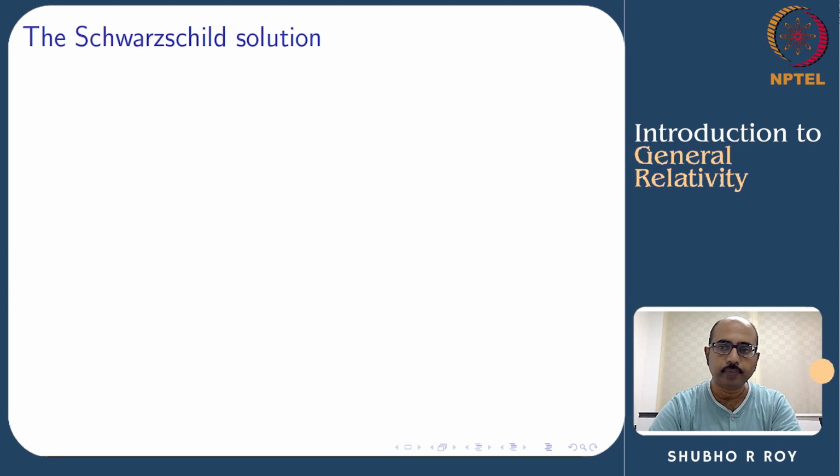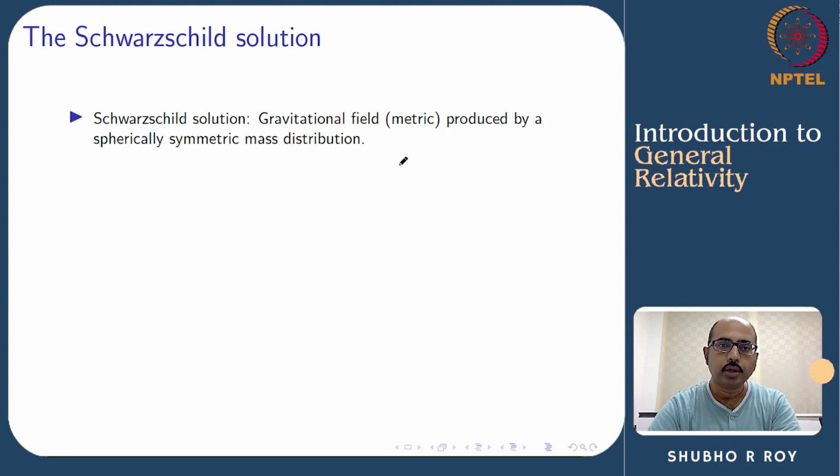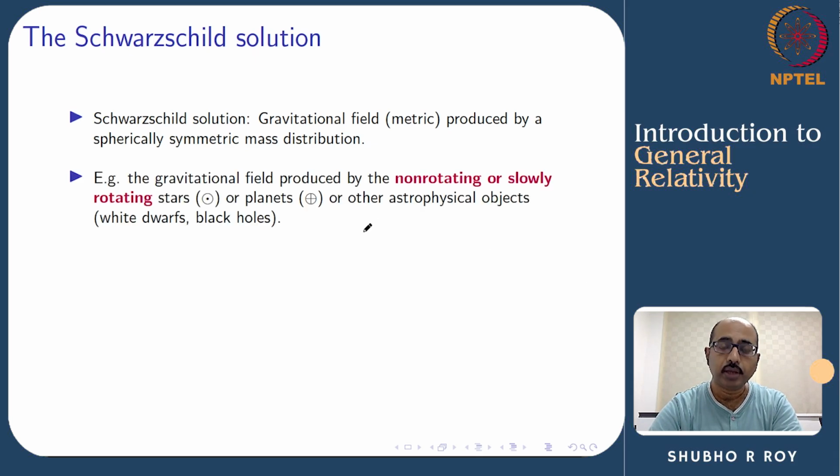All right, without further ado, let's begin the lecture. So the Schwarzschild solution, as I said, apart from being the first ever non-trivial solution written down for the fully nonlinear field equations, physically it is very important because it represents the gravitational field, or the space-time metric, produced by a spherically symmetric mass distribution. As a result, it describes a variety of astrophysical situations.